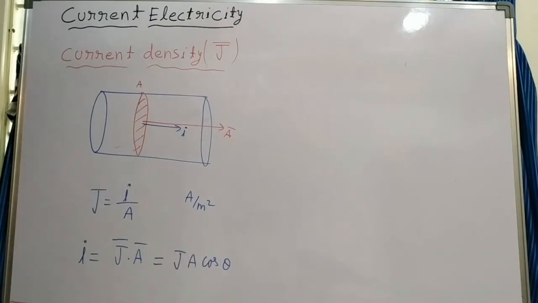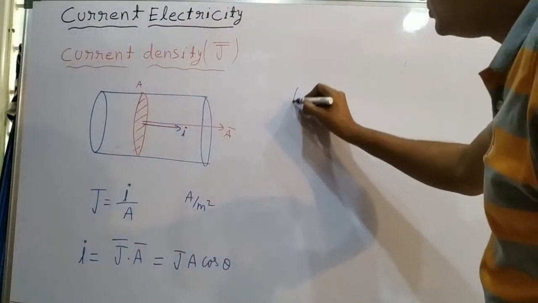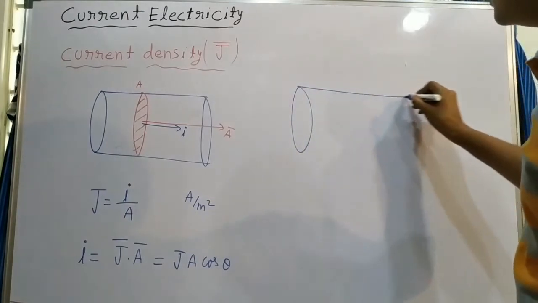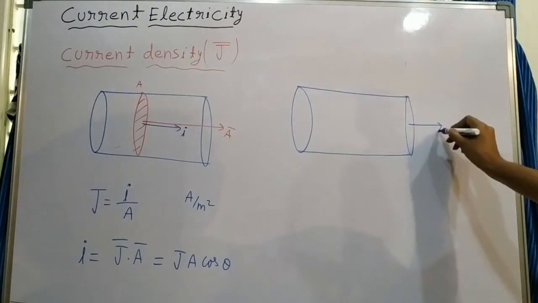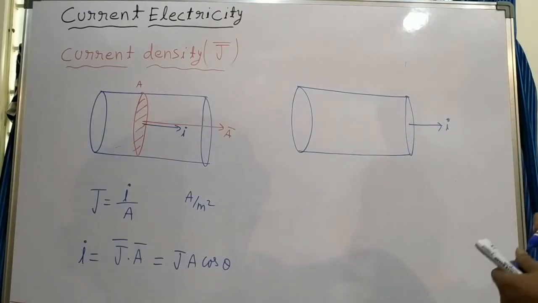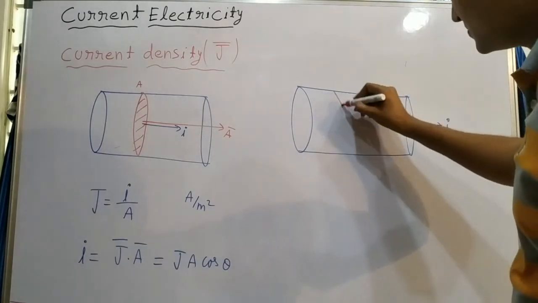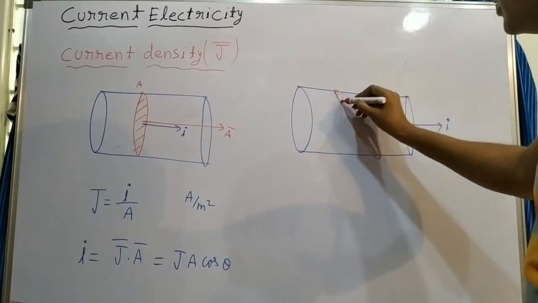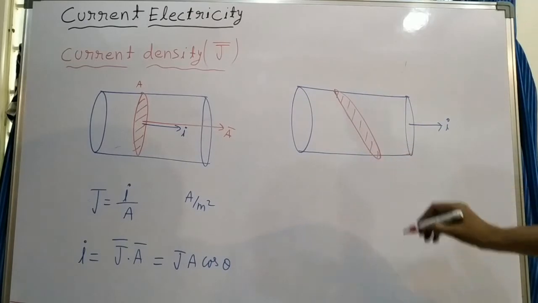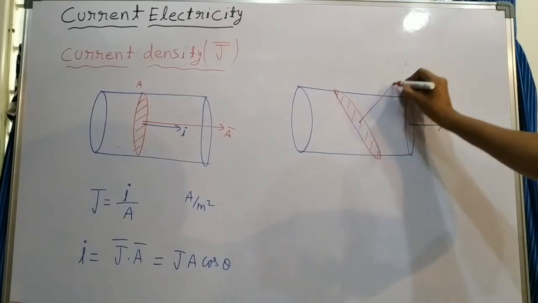Suppose you assume a conductor like this. Current is flowing along the length of the conductor. This is the direction of the current flow. And we are assuming a cross section like this. This is the area now. What is the direction of the normal to the surface?